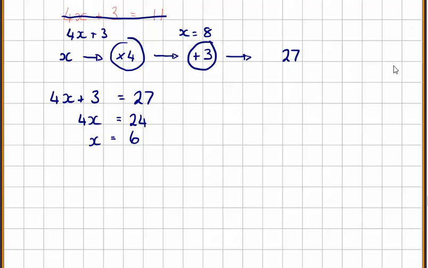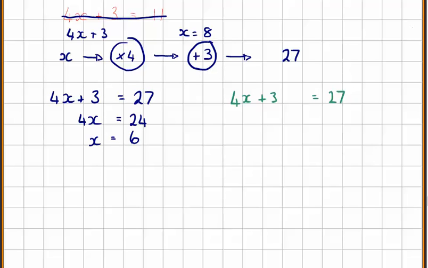Now what I want to do is give you a method of writing that down, instead of just doing it in your head. So I'm going to do exactly the same problem. We start with 4x plus 3 equals 27, but I'm going to write down what you do in your head. What did you do first?